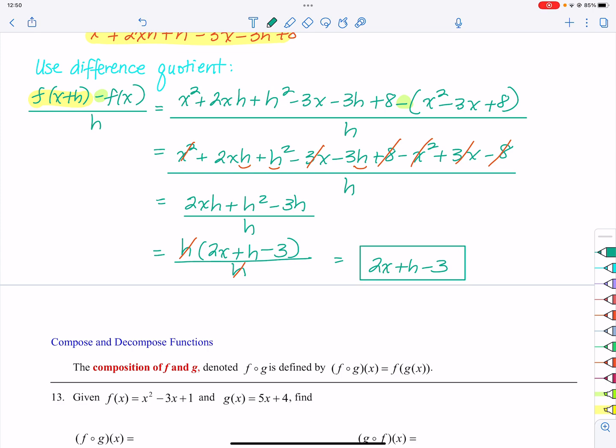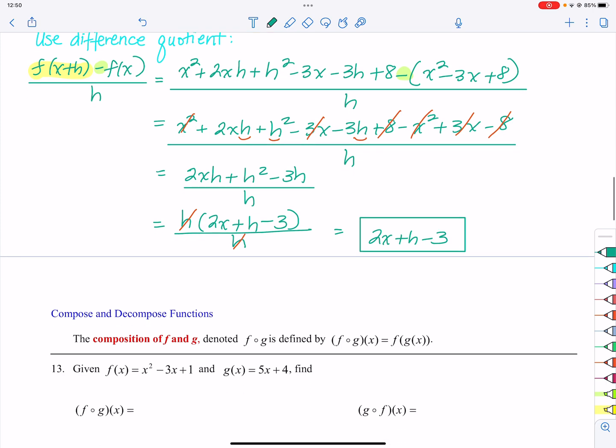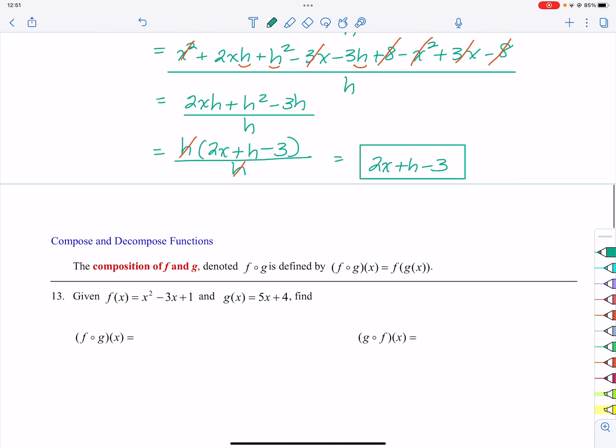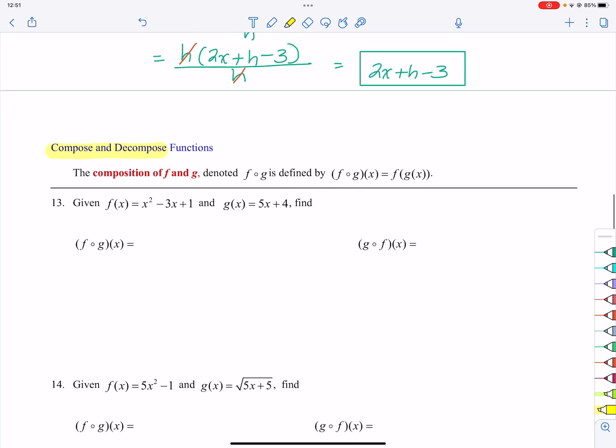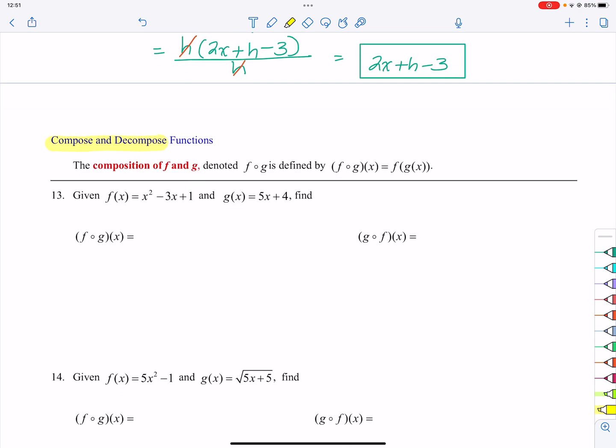Okay, now we're going to talk about the composition of functions. So composing and decomposing functions. And this is, again, a definition that we will use. The composition of f and g is denoted f composed with g. It is not a closed circle. It is not a big circle.